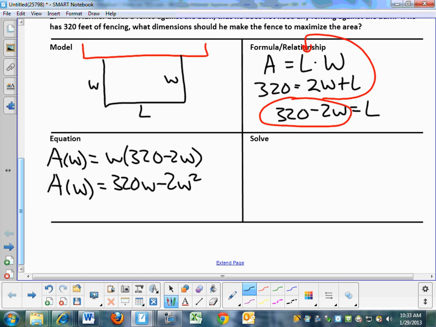What shape does that make if I were to graph it? It does make a parabola, so you could use vertex negative b divided by 2a, that's fine. Or you could take the derivative. What is A prime? 320 minus 4w. Set it equal to 0.